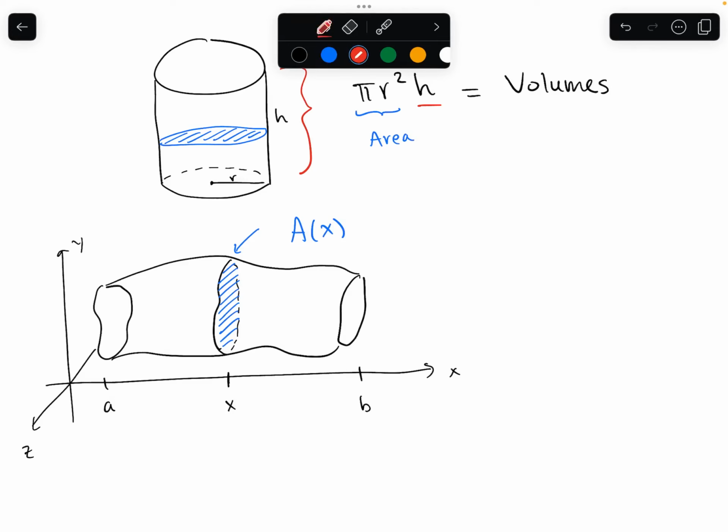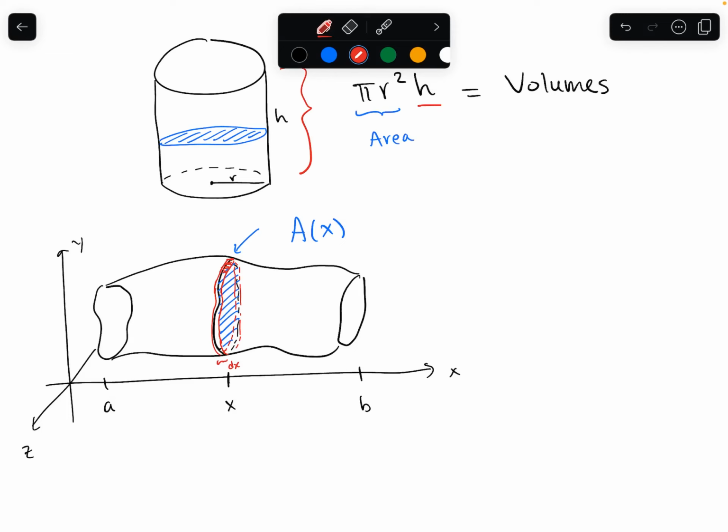And then you imagine that this cross section here has a tiny bit of thickness to it. This red part here going around. That's where this cross section's just got a little bit of thickness to it. And say that thickness, let's call it dx.